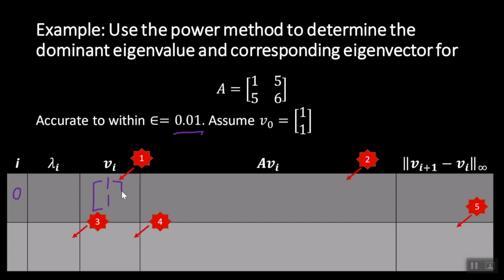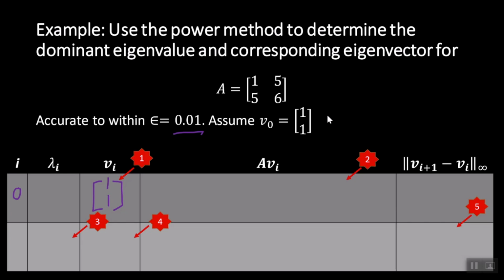So this is the first step, writing out the initial vector if it's given. Now, if the initial vector is not given, then we would select an initial vector ourselves, but please ensure that the magnitude of the largest entry is equal to 1.